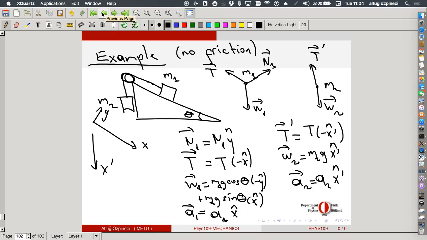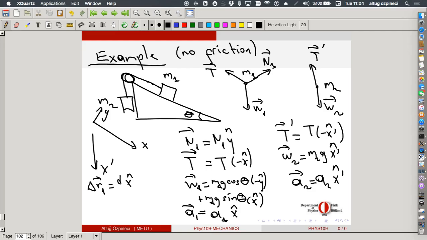So that basically means that if m1 is displaced by delta r1, let's call it some d in the x hat direction, then we move this mass m2 in the other direction by an amount minus d.